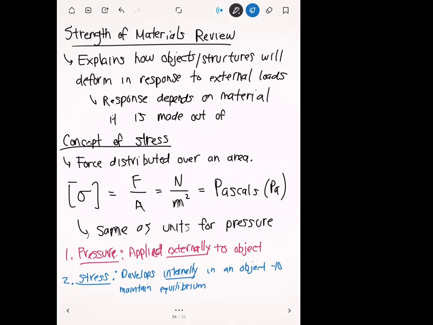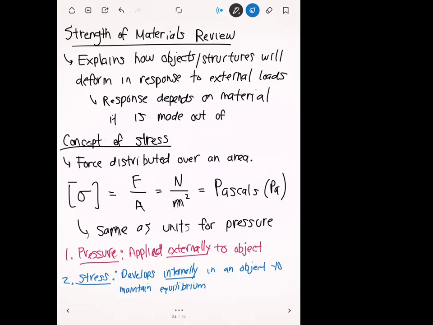It's something an object has to do to maintain equilibrium with its surrounding environment. Keeping up the same comparison, stress develops inside students as a response to the pressures that their professors give them. It's a subtle difference. Physically they're the same thing, a force over an area, but the contexts in which we describe them are different.